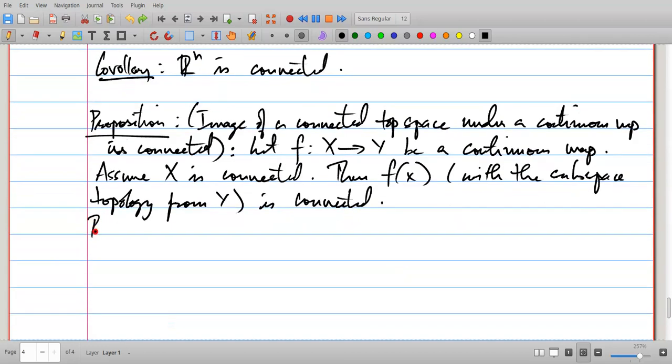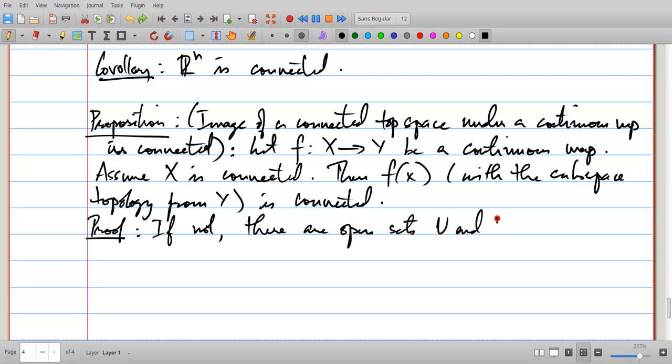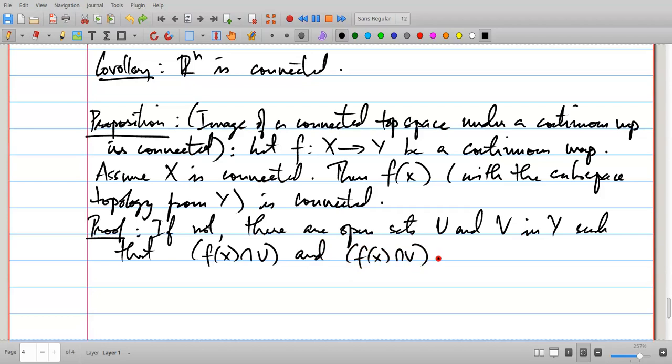So proof. If not, then f(X) is disconnected. So that means there are open sets U and V in Y such that, when we look at their intersections with f(X), these two sets are non-empty, they are disjoint, and f(X) is their union.